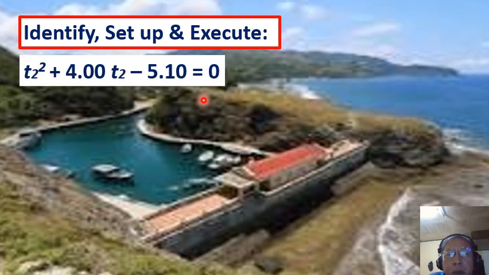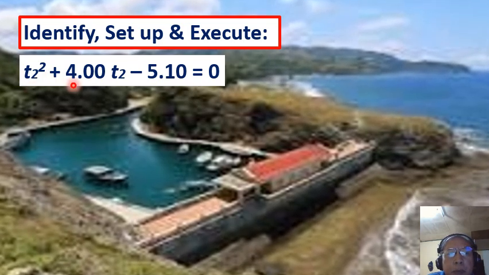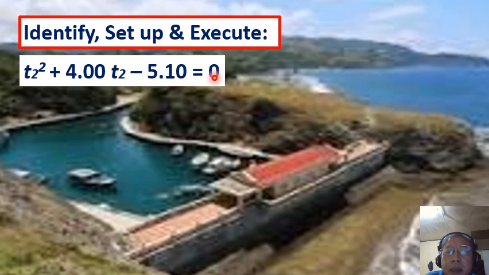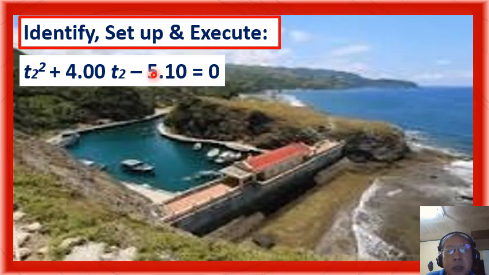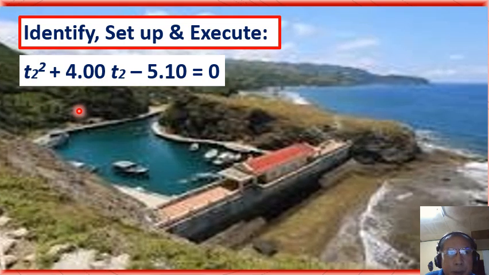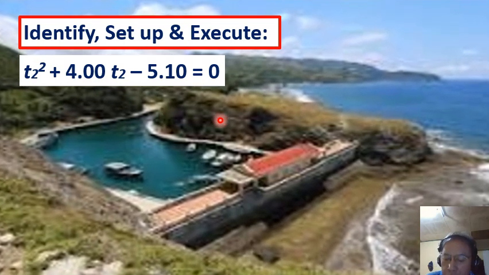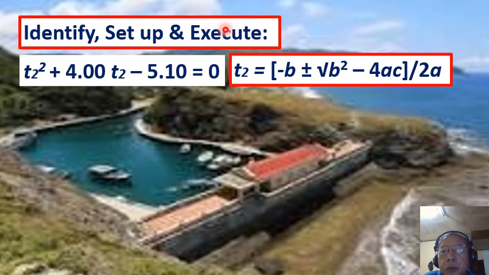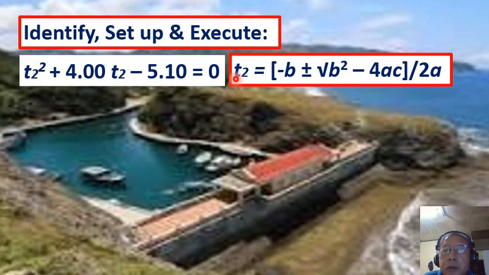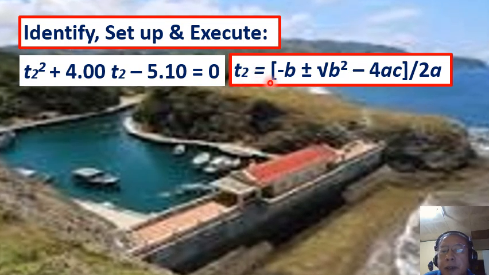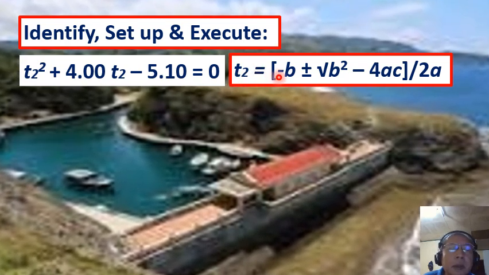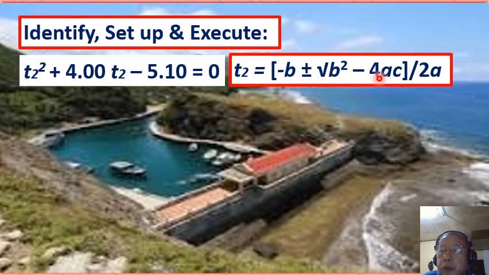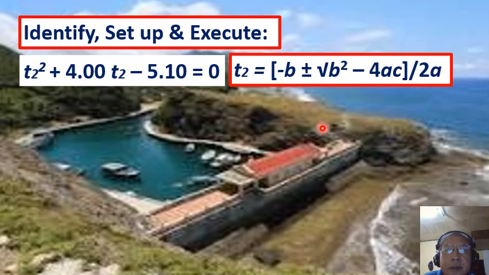All right, so our simplified equation, T sub 2 squared plus 4.00 T sub 2 minus 5.10 equals 0 is a quadratic equation. So in determining the value of the time T sub 2, we make use of the quadratic formula, all right? So the quadratic formula to find T sub 2 is T sub 2 equals quantity minus b plus minus square root of b squared minus 4ac all over 2a, all right?